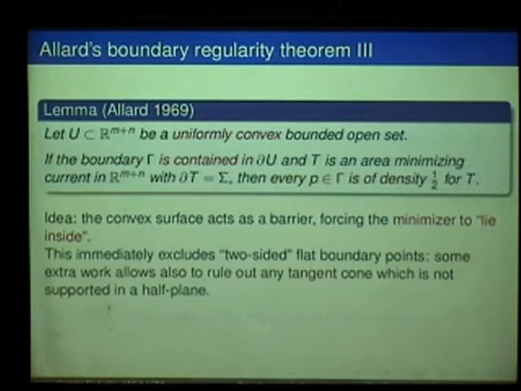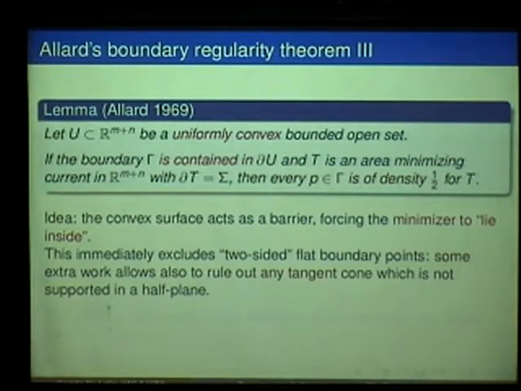There is a little bit of extra work to rule out non-flat tangent cones, but once you know that the tangent cone at P is flat, it has to be a half plane, which comes from rescaling the boundary of the convex set, giving you finally a hyperplane, which forces the tangent cone on this side.